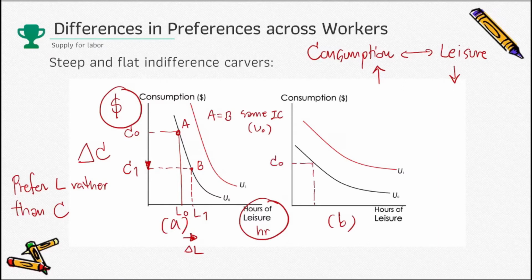C0, L0, okay, at the beginning point, at point A. Now if we decrease C0 to C1, we see that we have to increase leisure a lot, okay? A lot. A big delta L for a small delta C, right?